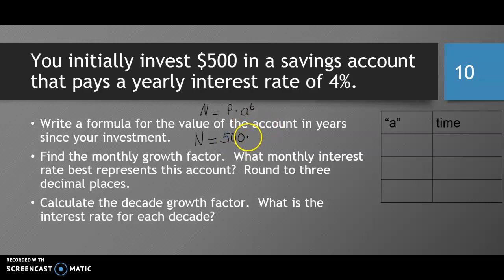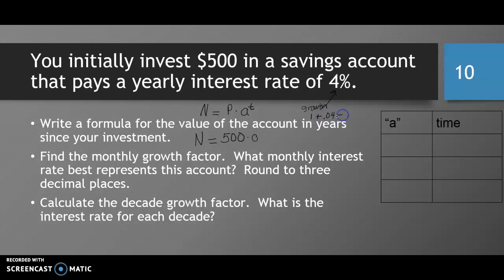Next, we need to calculate A, and we've talked about A equals the growth or decay factor. So I started to write A there, but I really want to figure out a value for A. So we know that because this 4% would indicate growth, we should take 1 for 100% and add the 4% as a decimal, so 0.04.